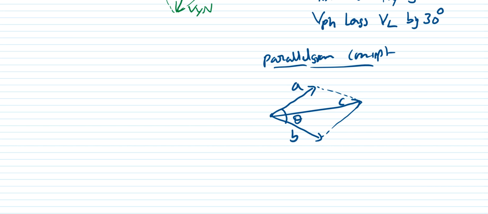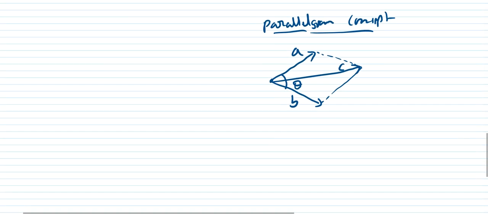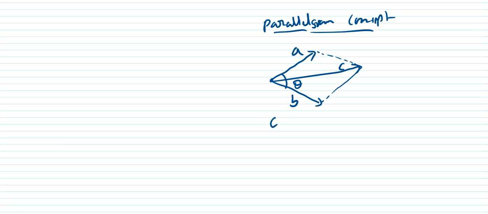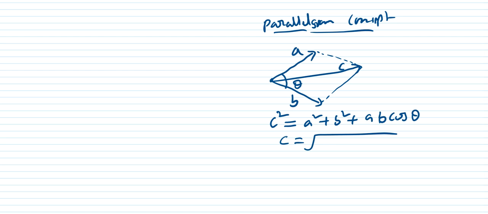Then according to the parallelogram concept, the c vector can be written as the square root of a square plus b square plus 2ab cos theta. This concept we are going to apply in this diagram here.